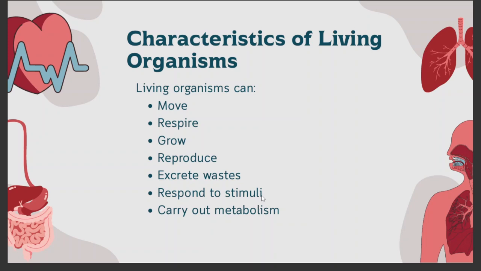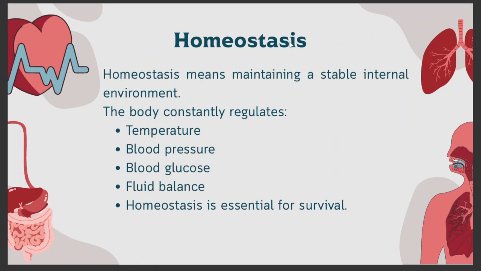Take note of that. We have homeostasis, right? It means maintaining a stable internal environment. There is a normal internal environment that a normal person is supposed to have, right? And the body constantly makes sure that you are in that stable form.